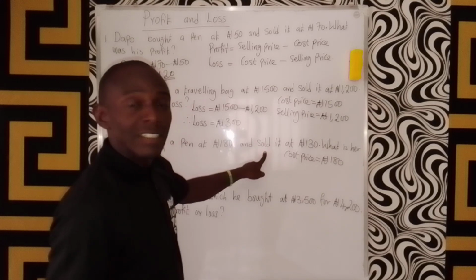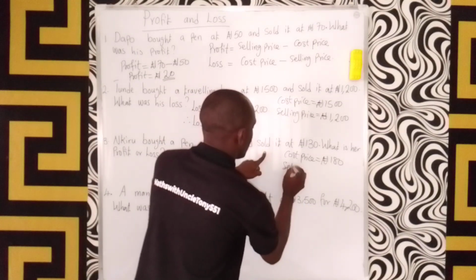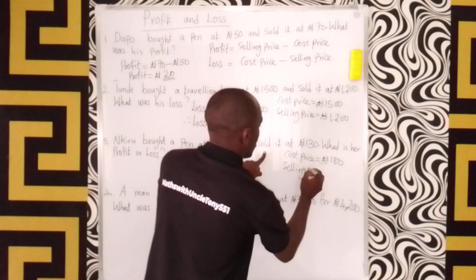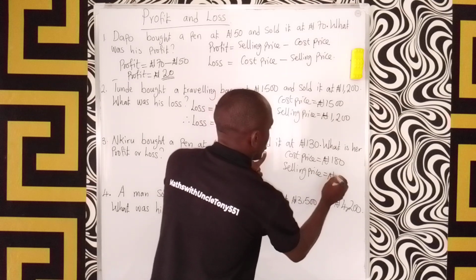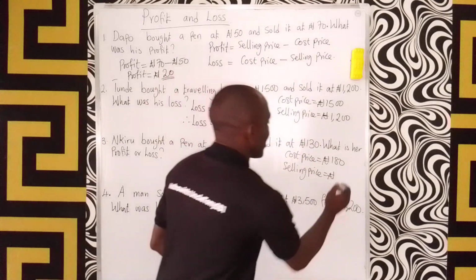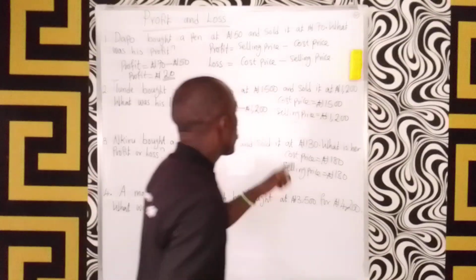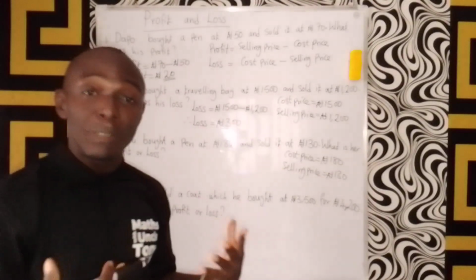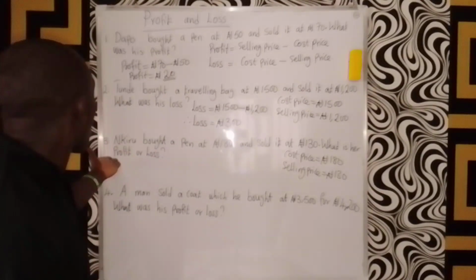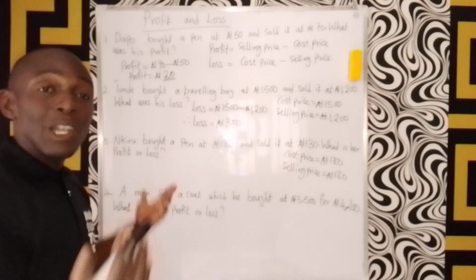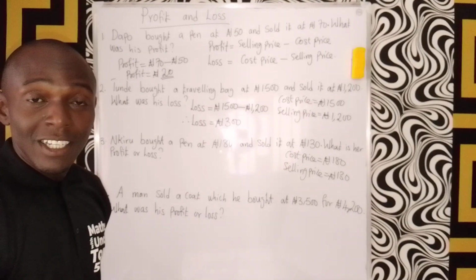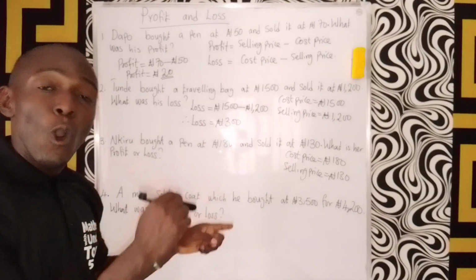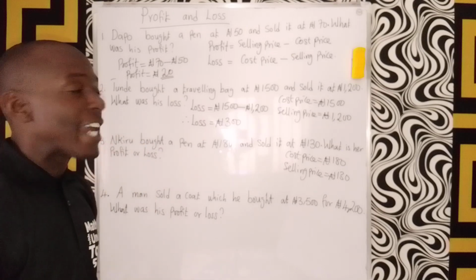And sold, that is selling price, 130 naira. What is her profit or loss? Now, the question is not being specific. They are asking what is her profit or her loss, so we don't know which one to find. But from the figures, we will know which one to find.